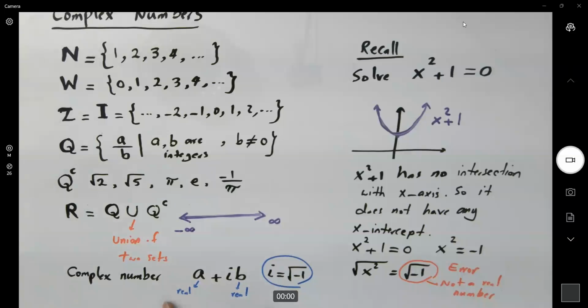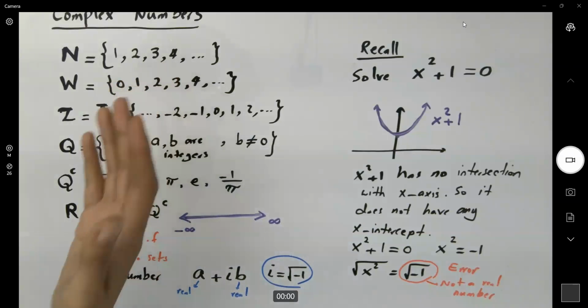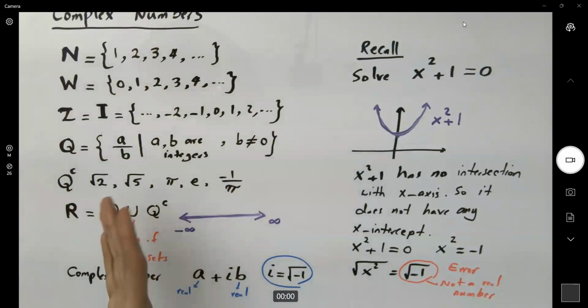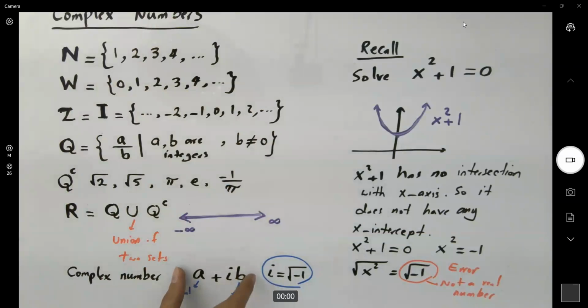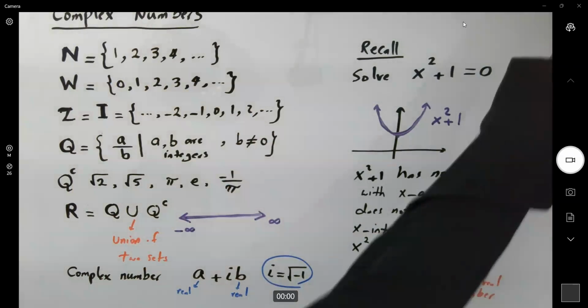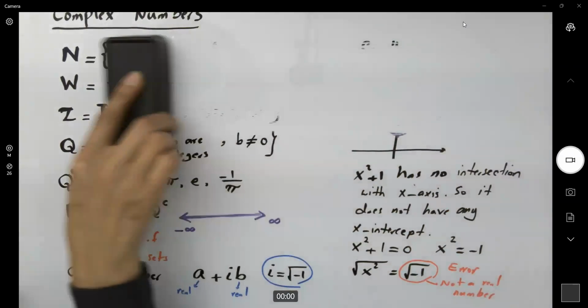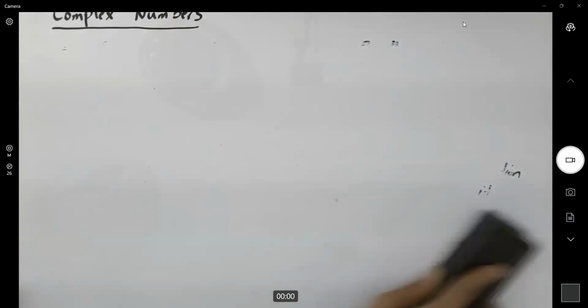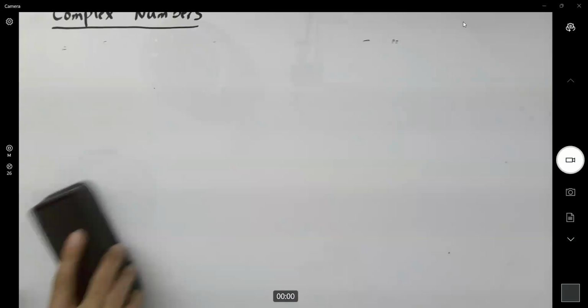So now that we introduced complex numbers, as we added, subtracted, multiplied, and divided the other numbers, we're going to learn how to add, subtract, multiply, and divide complex numbers. Very good. So let me find my eraser. Now let's talk about operations between complex numbers.